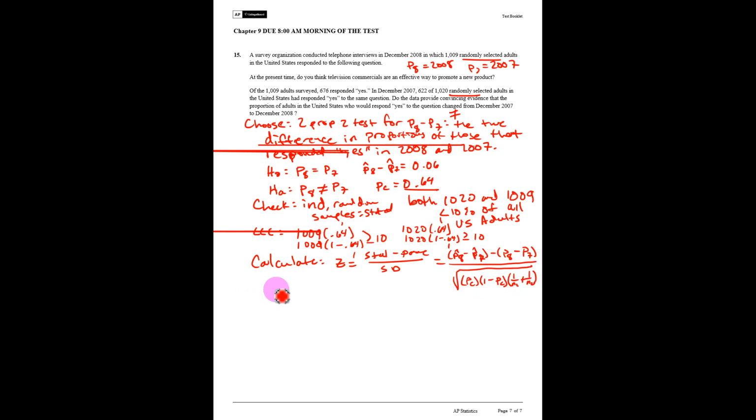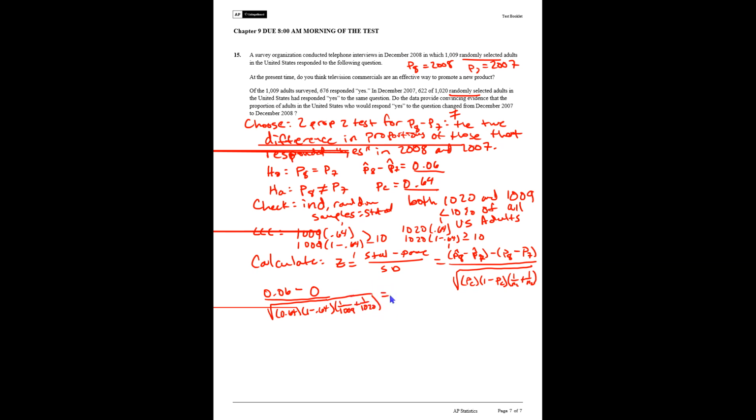So plugging the numbers in: p hat 8 minus p hat 7 is 0.06. p8 minus p7 is assumed to be 0, over the square root of PC, which is 0.64, times 1 minus 0.64, because I don't care whether you put 0.36, times 1 over 1,009 plus 1 over 1,020.